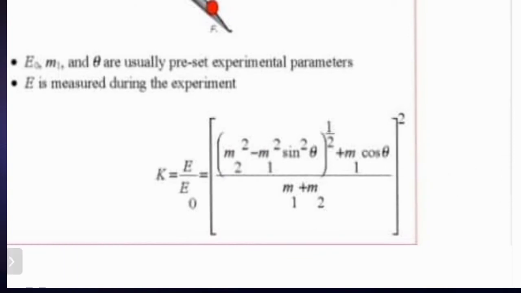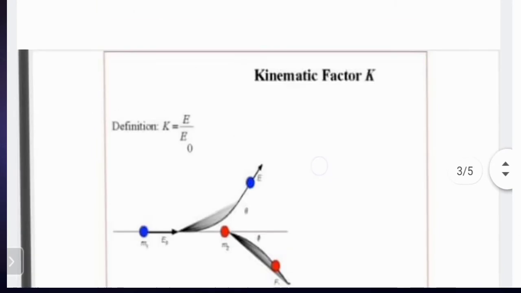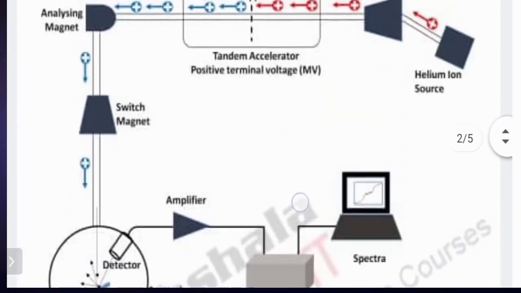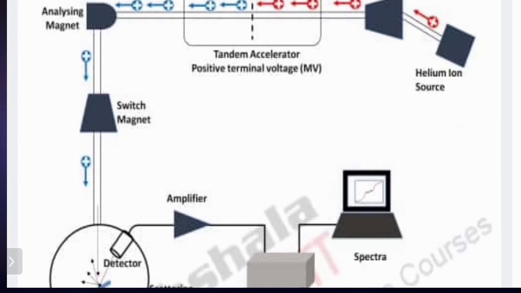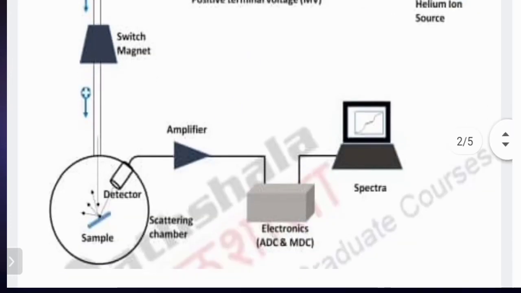This is how we can determine the mass of our target material. The outline of the basic principle is that once we incident particles of known energy on the sample surface, those particles get backscattered in various directions.